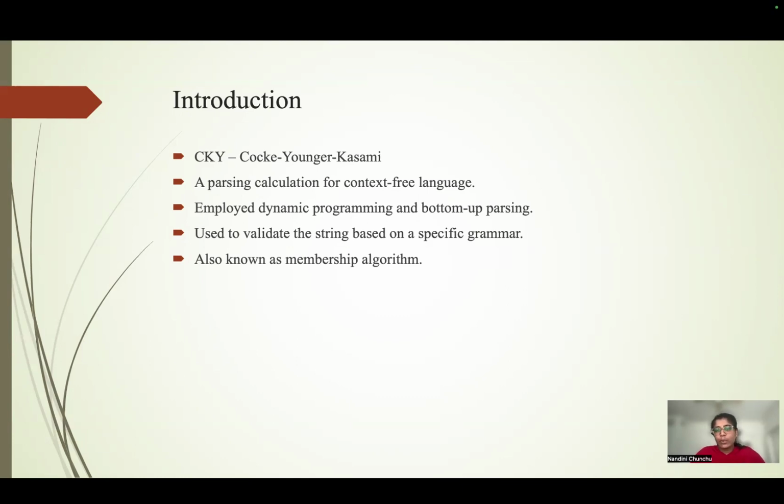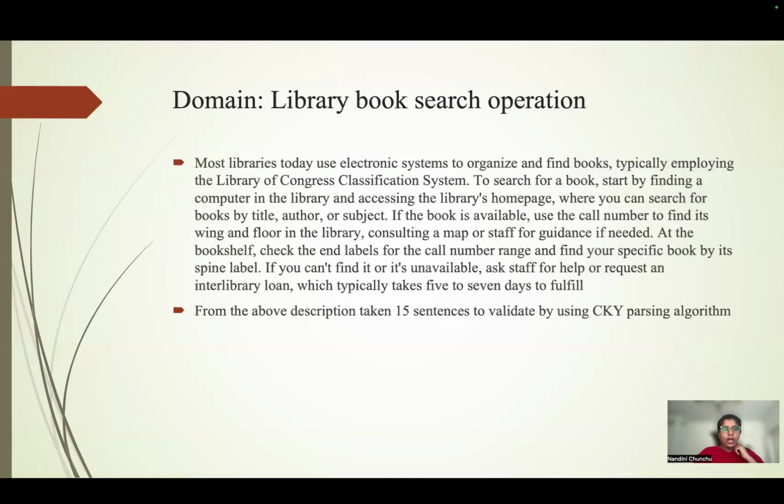It is a dynamic programming and bottom-up parsing algorithm, and it is used to validate a string based on your given grammar. That means it will say whether the string is accepted by the grammar or rejected by the grammar. And this algorithm is also known as the membership algorithm.